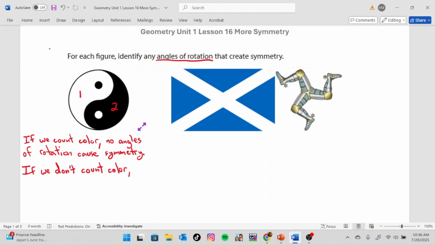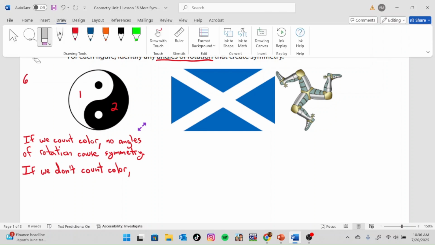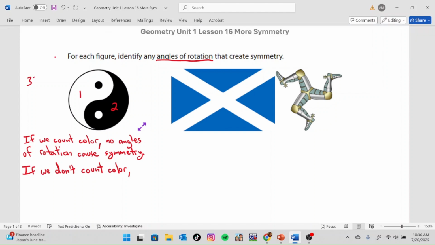I know that a circle has 360 degrees. So I would take 360 degrees, I would divide that by the two shapes, and I would get 180 degrees.